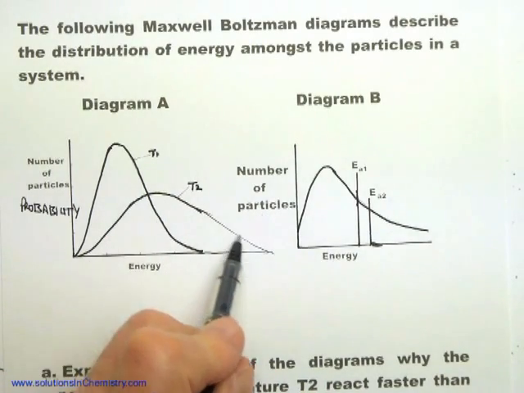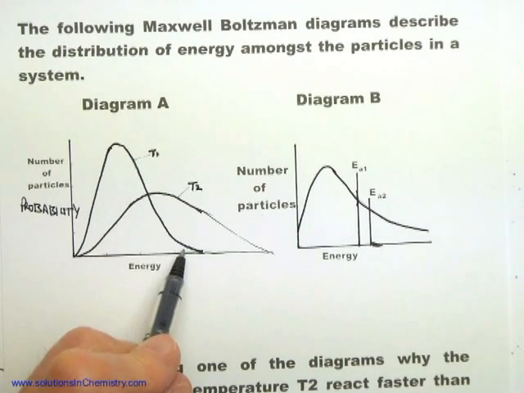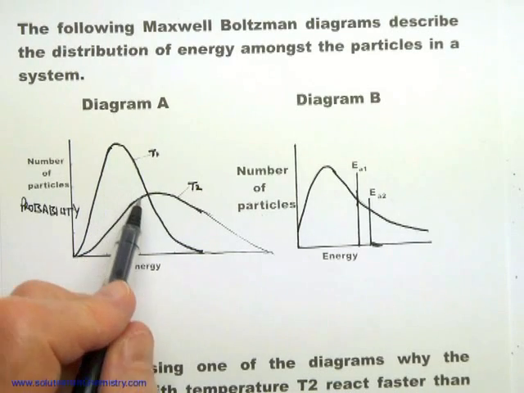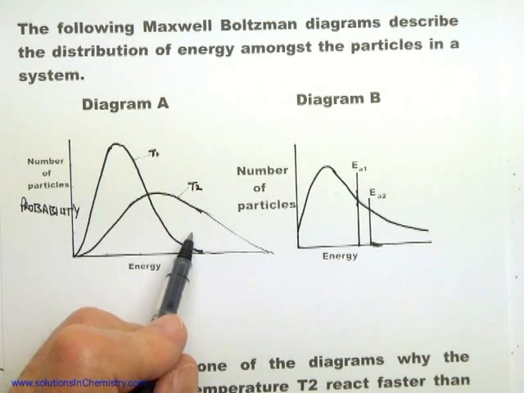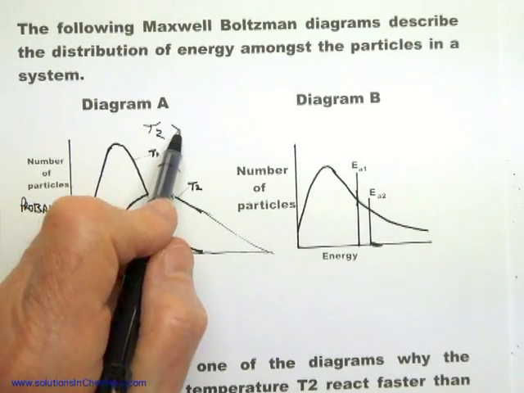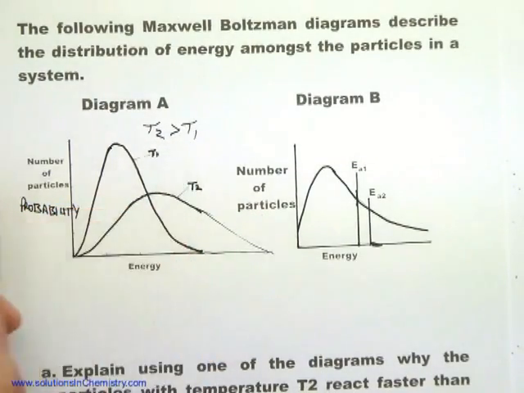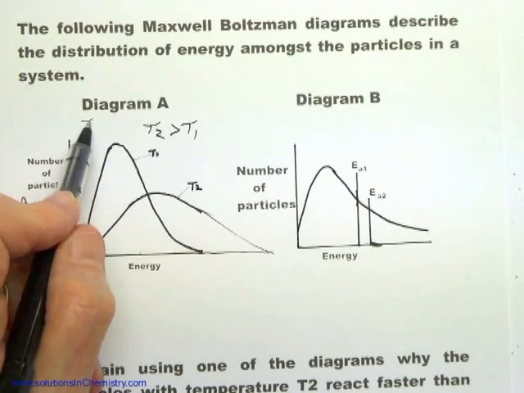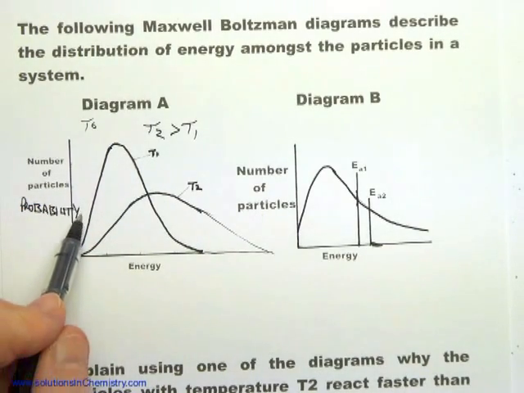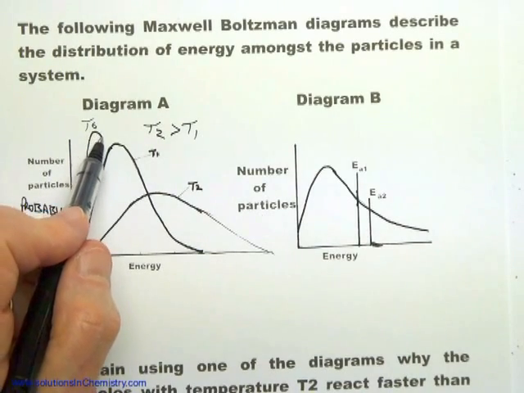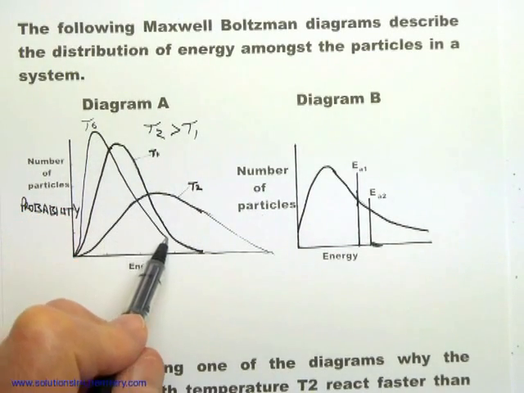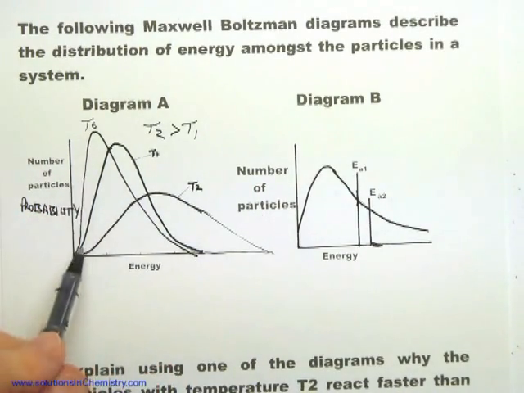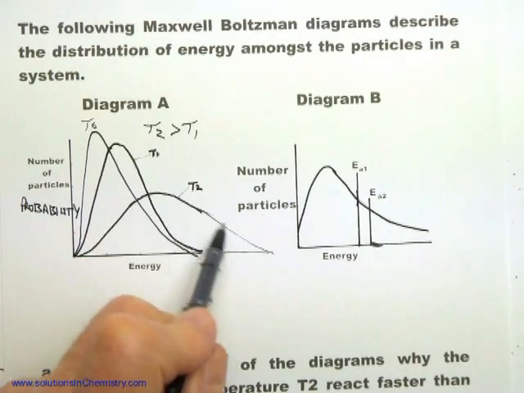Because the area under the curves is the same, T2 must be a temperature greater than T1. When you create a curve with a lower temperature, let's say T0, then it must peak up here and it goes down there. That's the only way you can get that area to be equal to that area and equal to that area.